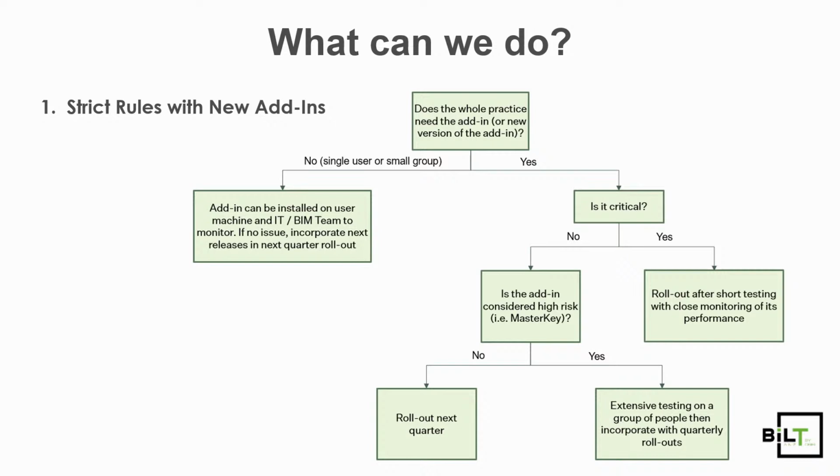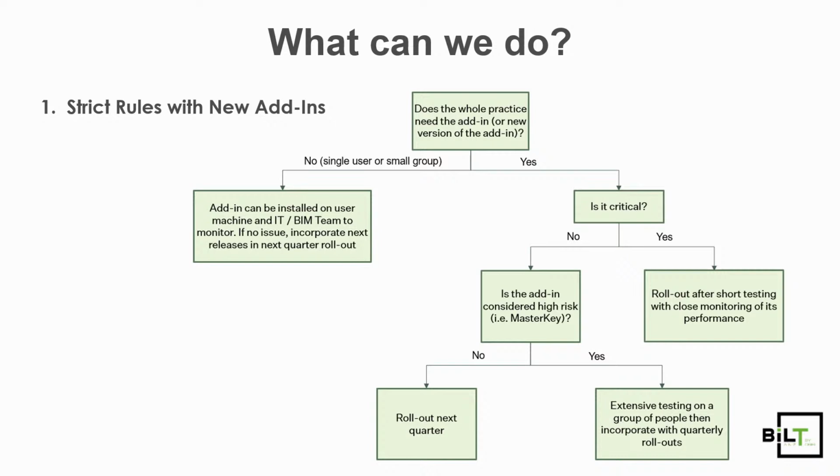That becomes a critical release for us. We need to push it out to everybody so we don't have the issue anymore. So in that case, we just roll it out, cross our fingers, and monitor it. If it's not critical, it waits for the quarterly rollout.